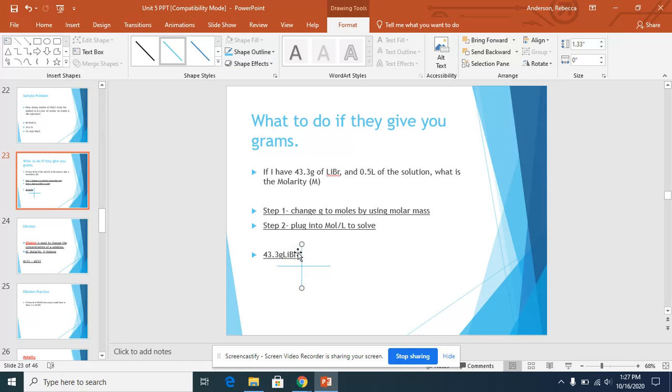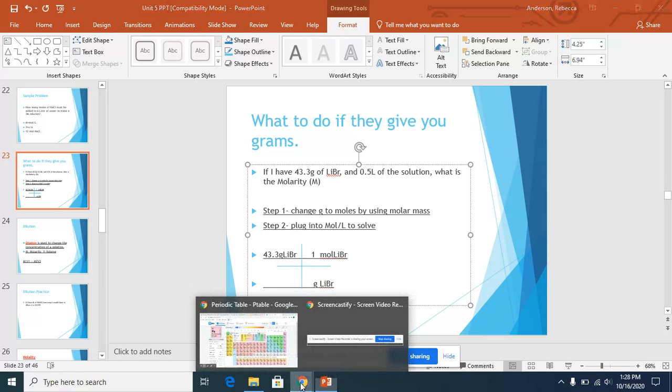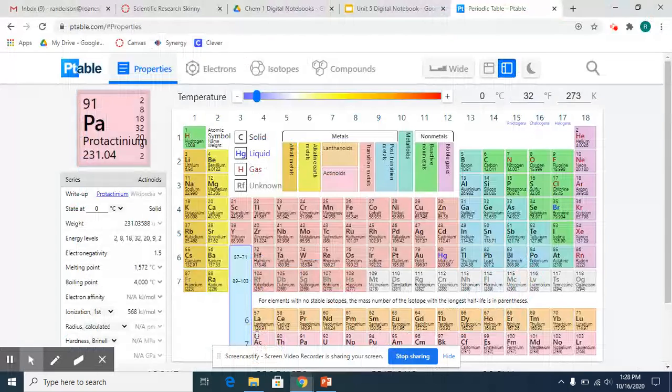So if this is grams of LiBr, this is also going to be grams of LiBr, and the box up top will be moles of LiBr. Well, if you remember, the number 1 always goes with mole, and the molar mass always goes with grams. So for LiBr, since it's just one of each, we just have to add up Li, which is 6.94.